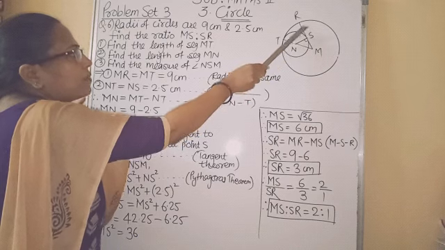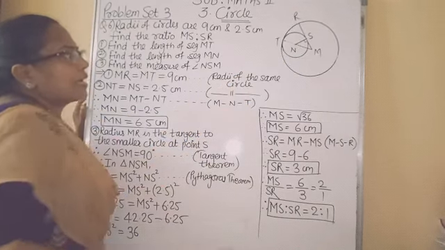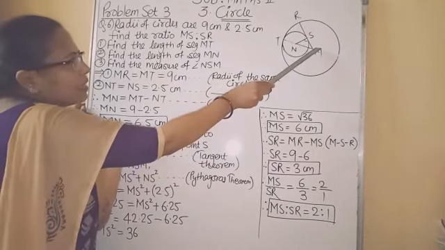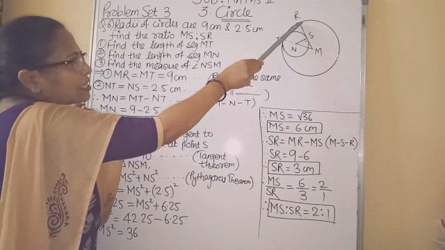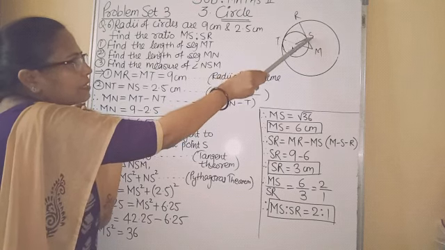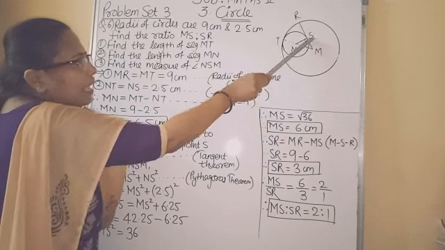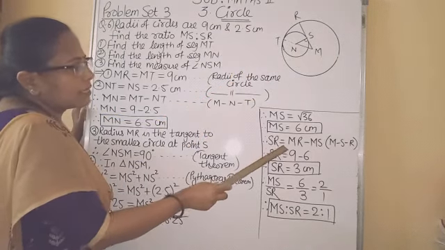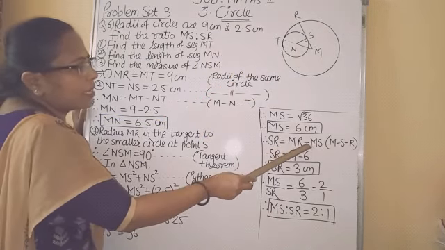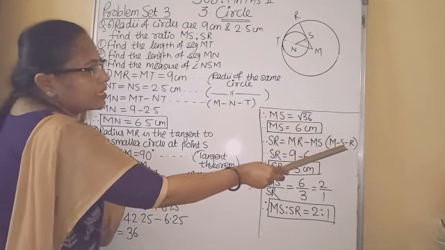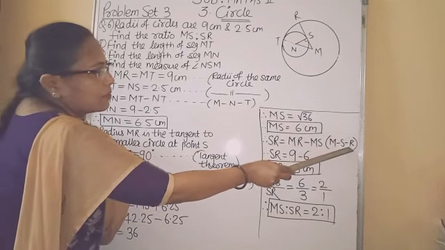Now we want to find out SR. So again we will use betweenness, M-S-R. So SR is equal to MR minus MS. Okay.